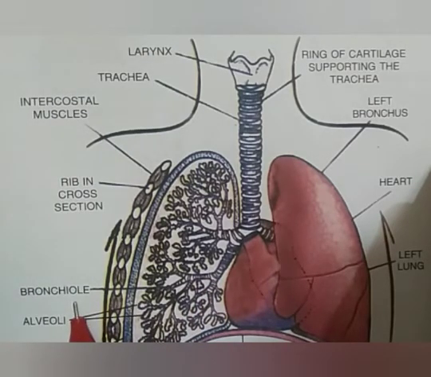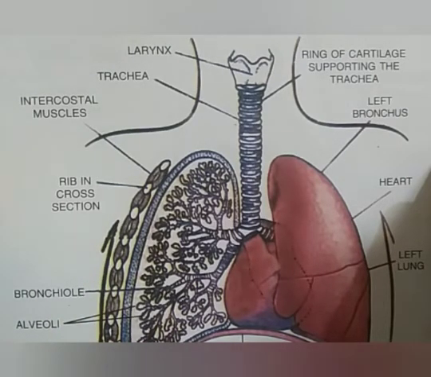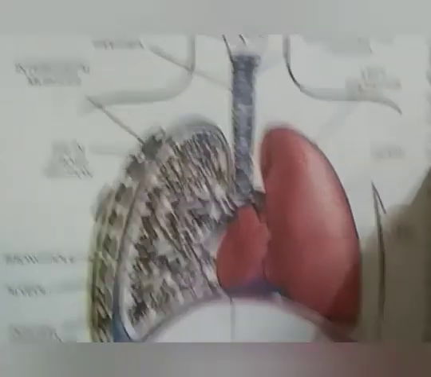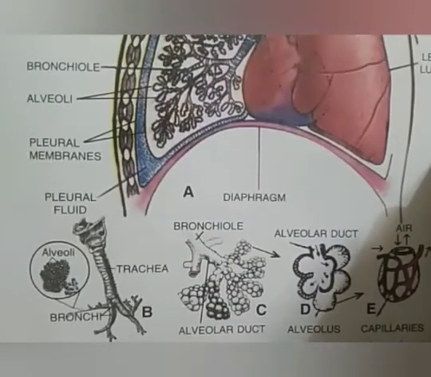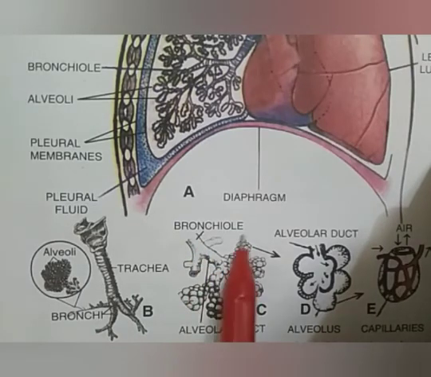Singular bronchiole, plural bronchioles. At the end of the bronchioles, you can see there is a bunch-like structure, like a bunch of grapes. This is the bronchiole, and at the end of it there is a bunch of grapes like structure.